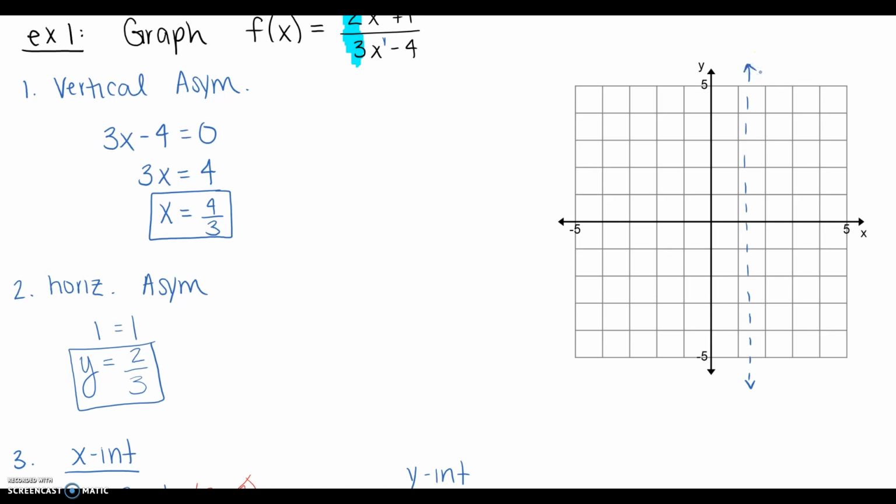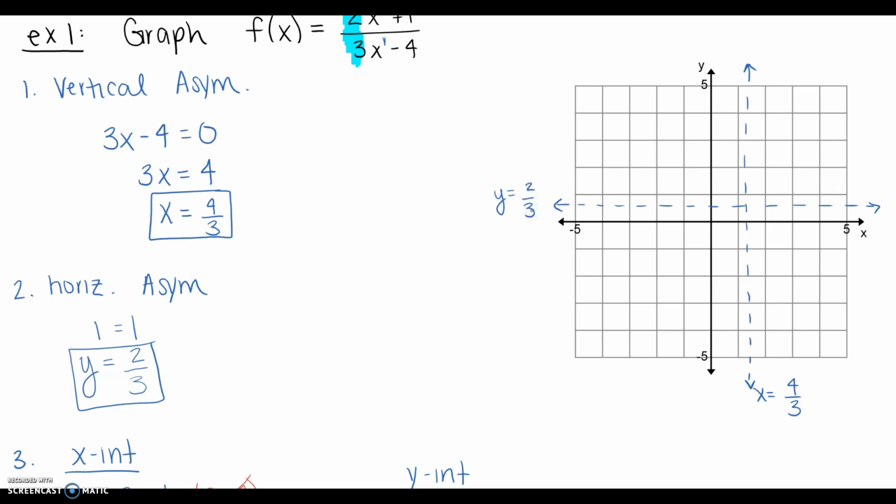Then a horizontal asymptote at 2/3. And don't forget to label these. So this is x equals 4/3 and y equals 2/3.